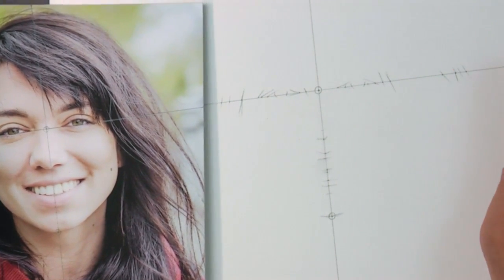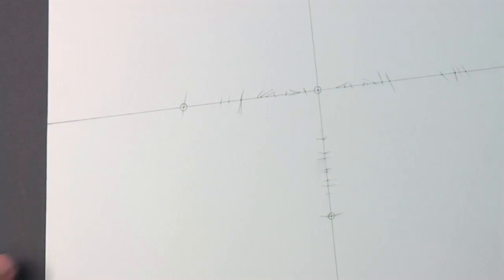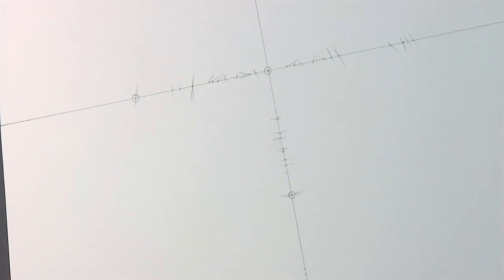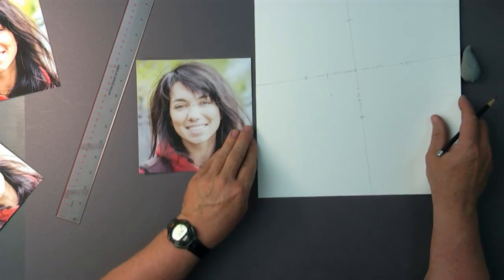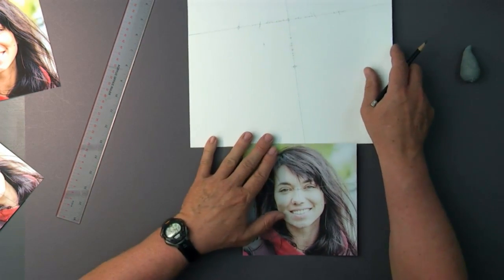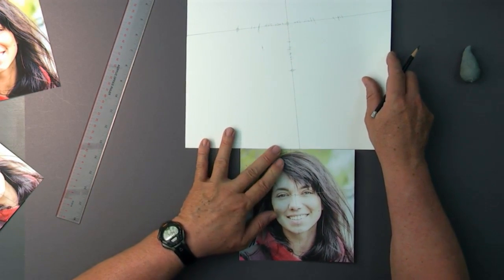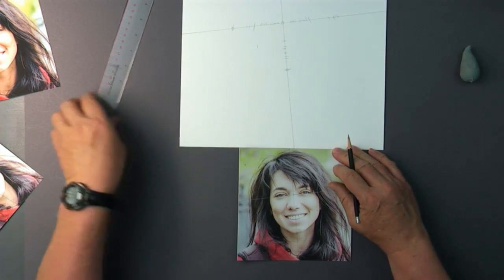And this is what we're going to be able to now pick out other places on this drawing that we want to capture. Let's go ahead and find out where the corner of the mouth is. So let's come this way. This is a little bigger so you can see what I'm doing.